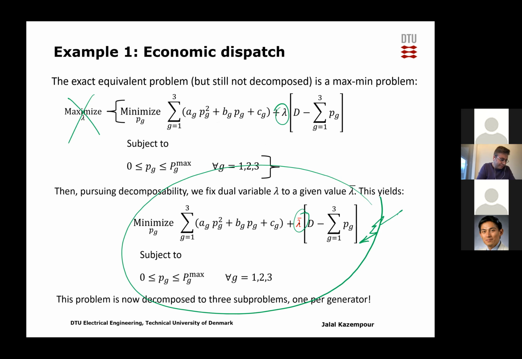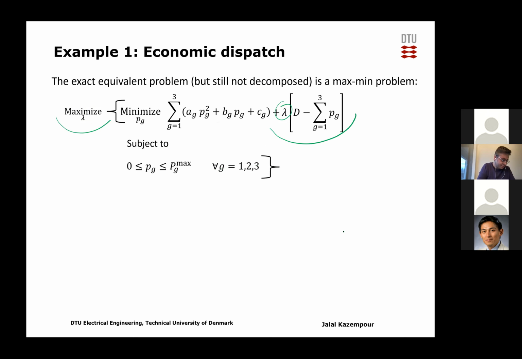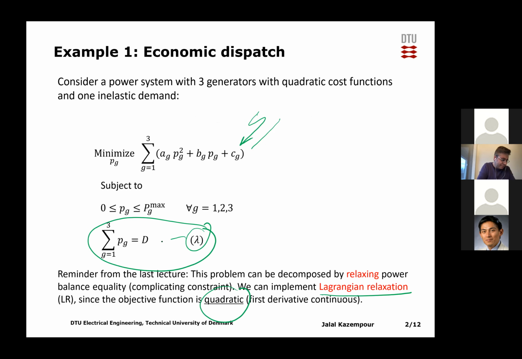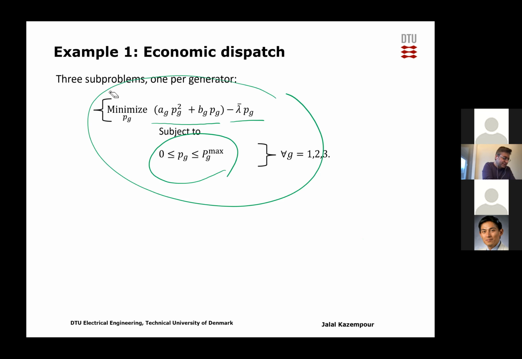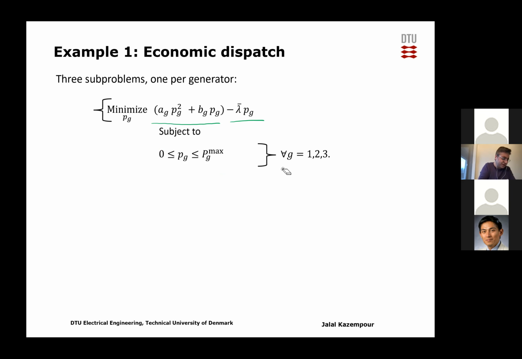And remember lambda bar, or lambda, is the dual variable of our power balance equality. So if we talk in a market context, it's the price, right? So in each subproblem per generator, what is the objective function of each generator if we think in a market way?